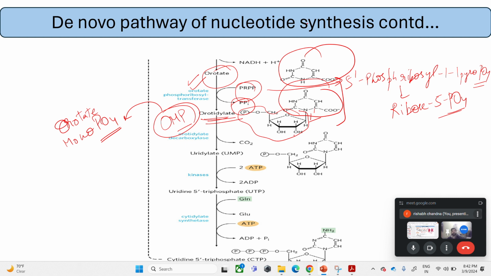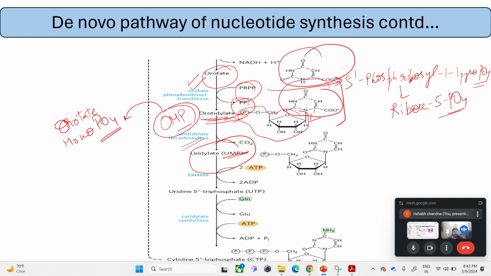Now we have to change it to UMP as well as CMP, that is the pyrimidines uracil and cytosine. Okay, so now this particular orotidylate is converted to uridylate, or the uridine monophosphate. Now this is catalyzed by the enzyme orotidylate decarboxylase.